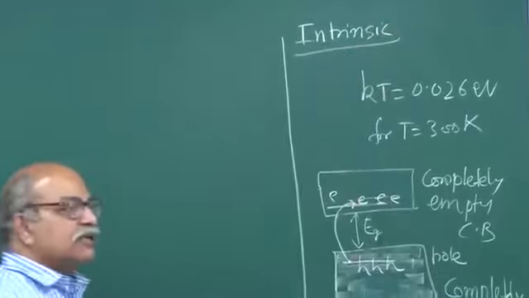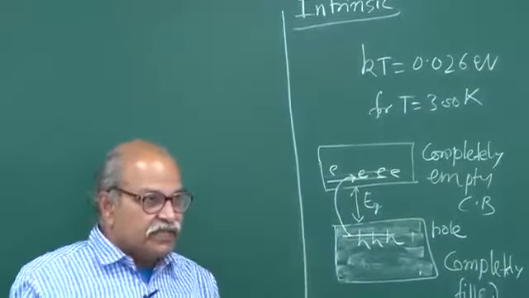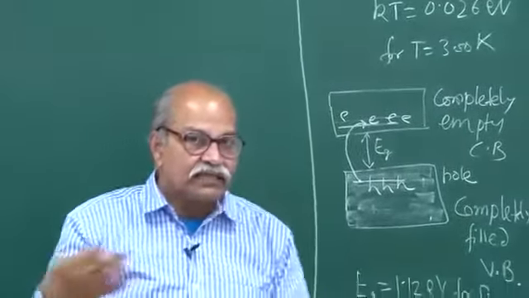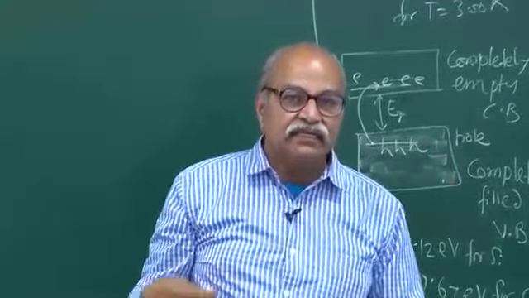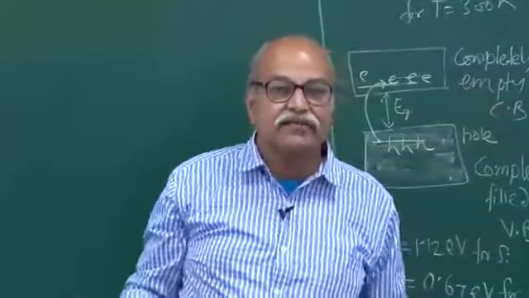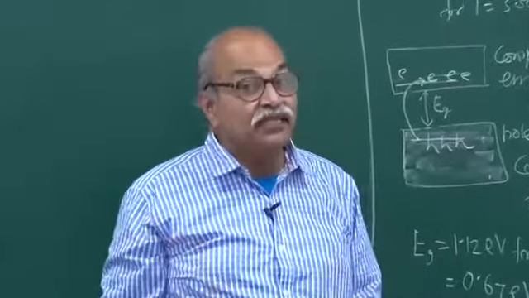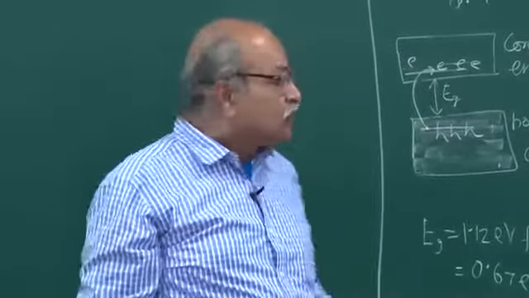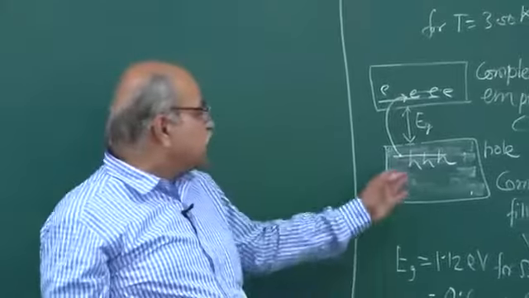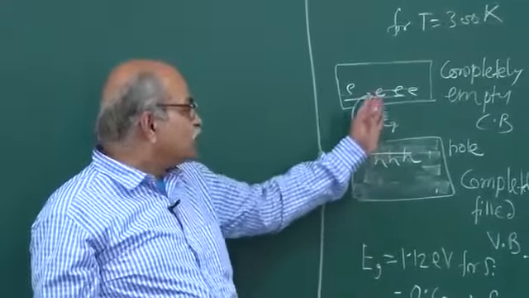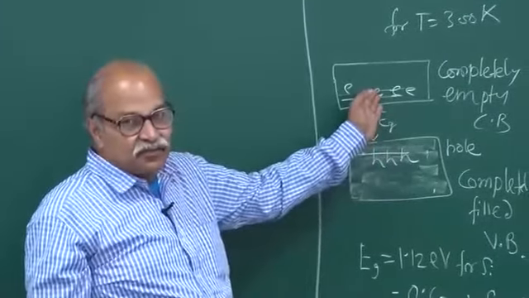So, intrinsic semiconductor means the semiconductor has its own band structure, and any electron which is there in the conduction band has come from the valence band. Not only can electrons go from the valence band to the conduction band, the reverse is also possible.